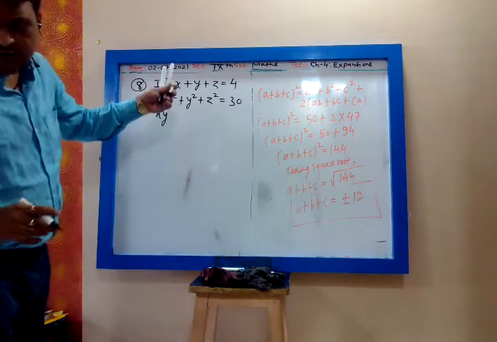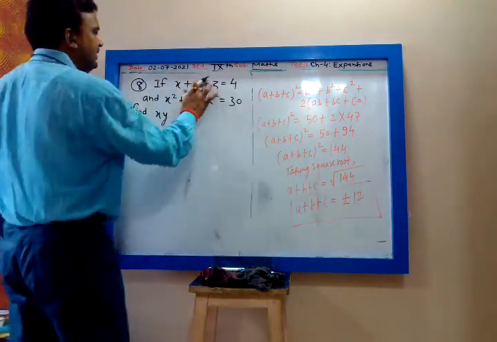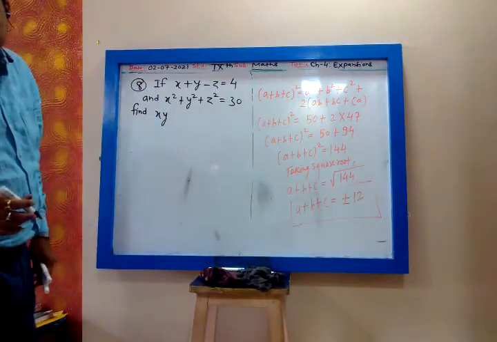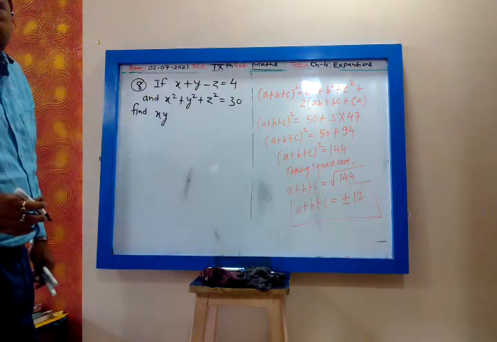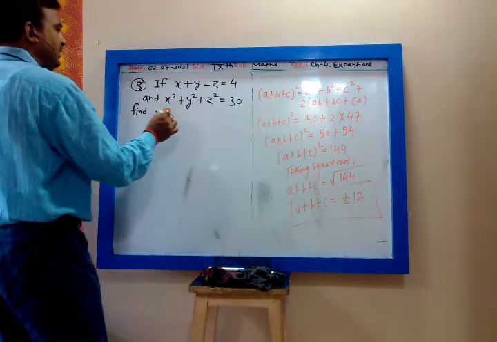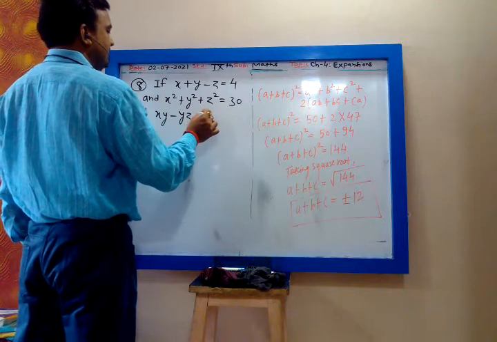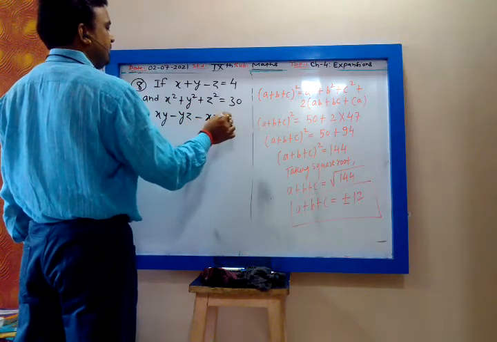Sorry, in the question it is given x plus y minus z. It is minus z. X plus y minus z is 4. X square plus y square plus z square is 30. Find the value of xy minus yz minus zx, or xz.